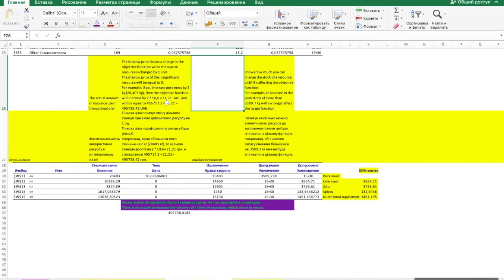And for example, what does it mean that the shadow price of 10.6 shows us the change in the objective function?